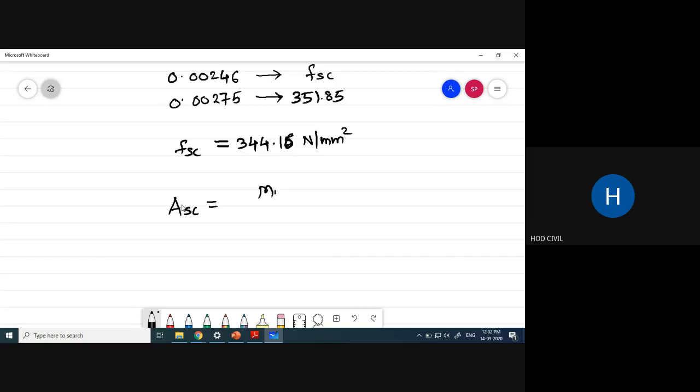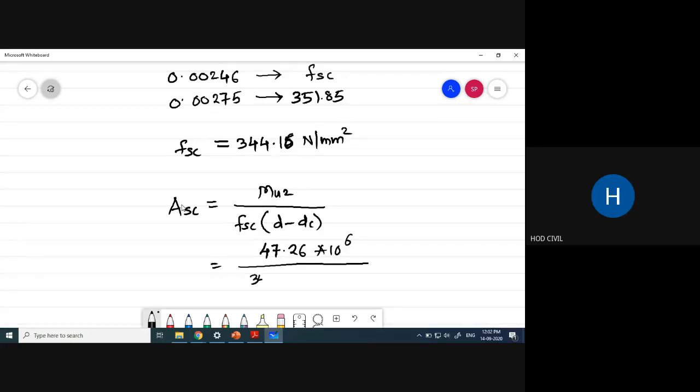So it is Mu2 divided by FSC into bracket D minus DC. I will write down the formula again. So Mu2 value was 47.26 into 10 raised to 6 divided by FSC, which is 344.16, into bracket D is 350 minus DC is 50.